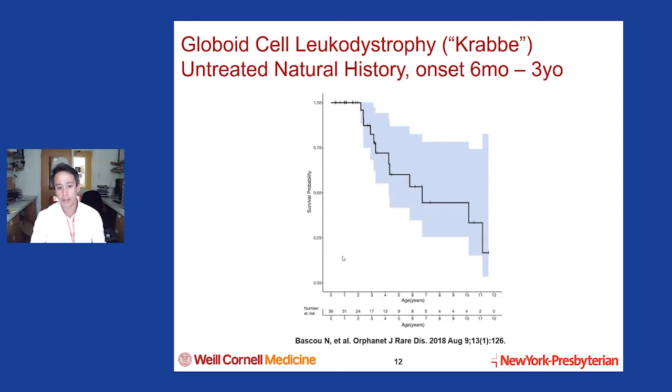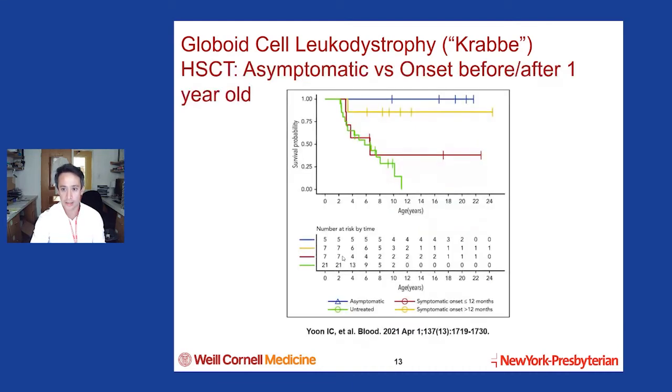Hematopoietic stem cell transplant has been trialed in these patients. This is data from Pittsburgh, from Maria Escolar's group. She's one of the world leaders in this. On the survival curves, the blue are untreated asymptomatic patients up here, the untreated patients are in green, and then here are the treated patients, those with symptoms before a year old and after a year old.